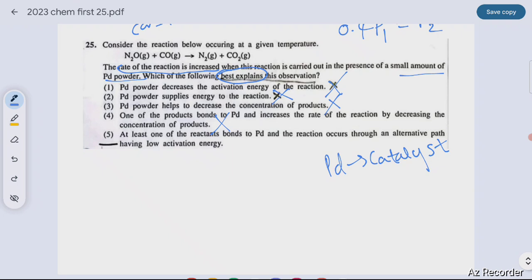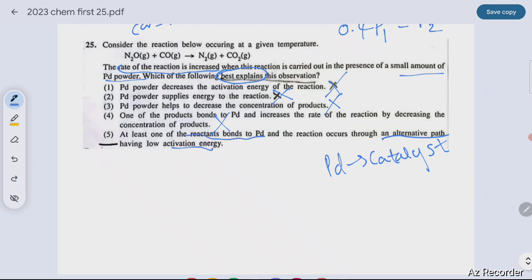Fifth statement: at least one of the reactants bonds to palladium and the reaction occurs through an alternative path having low activation energy. Yes, exactly, that is correct. At least one of the reactants bonds to palladium?